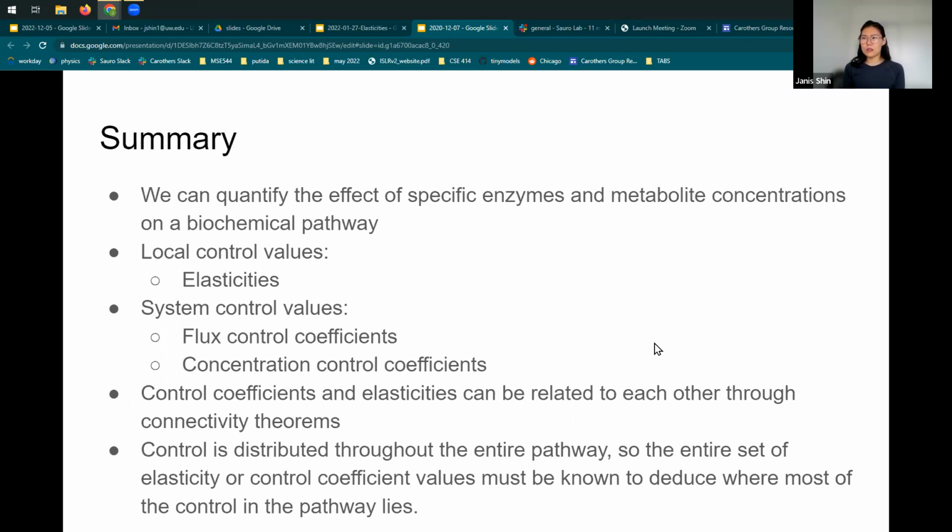The control coefficients and elasticities can be related to each other through connectivity theorems. And the control is distributed throughout the entire pathway. So the entire set of elasticities or control coefficient values must be known to deduce where most of the control in the pathway lies.